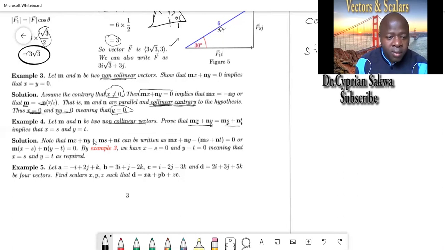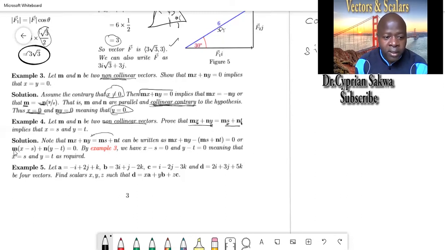For this one, the way I wrote it, I just took this one to the other side of the equal sign, so that I'm left with a 0 here. So we have that this can be written as mx plus ny minus this one, taking the other side of the equal sign, equals 0. I brought the like terms together, those that have an m together and those that have an n together.